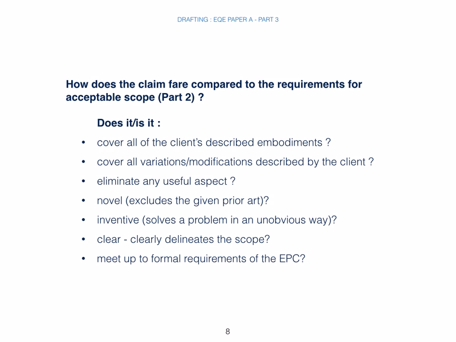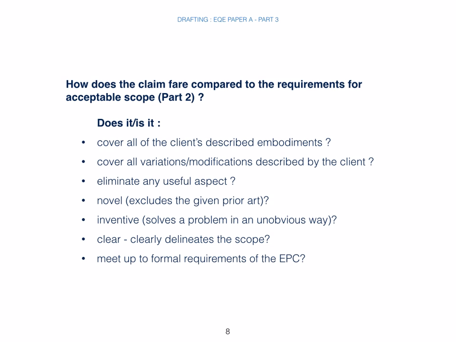And there again, I think it covers all of the described variations and modifications covered by the clients. Does it eliminate any useful aspect? It certainly eliminates a certain number of pretty useless aspects, but I don't think it excludes from the scope any useful protection. Is it novel? We made a novelty check, and the novelty check stands good, so hopefully it's novel.